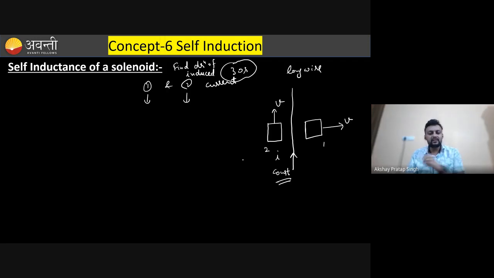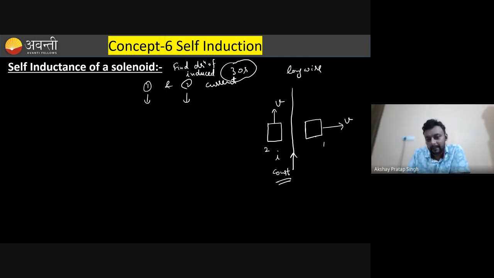First of all, I will discuss loop 2 and then loop 1. What is the one thing necessary for the EMF or current to be induced? The change in flux. Is it clear? The flux must change.